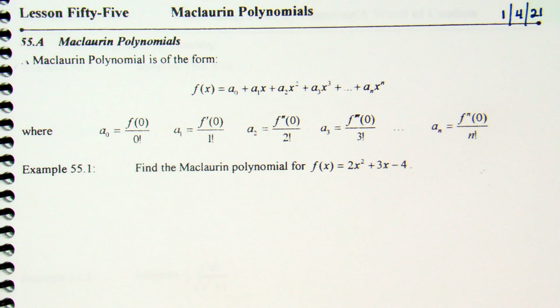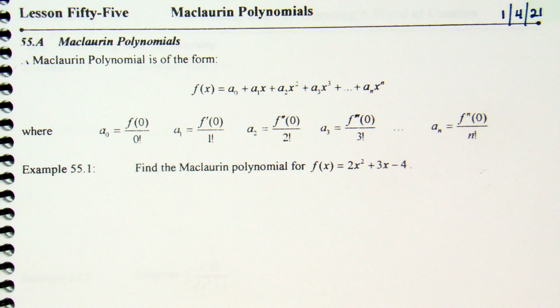So, Maclaurin polynomial, you will notice there's a generic form at the top of your notes. f of x equals a naught plus a1x plus a2x squared plus a3x cubed, and so on, up to an x to the n. There's no set length, it depends on the scenario we're working with, and we'll work with a couple of different scenarios today.